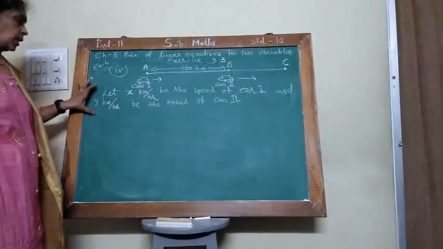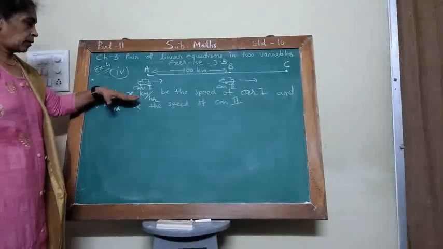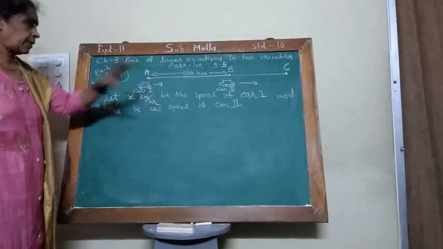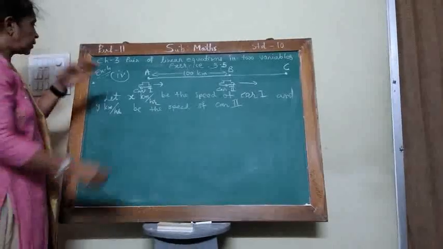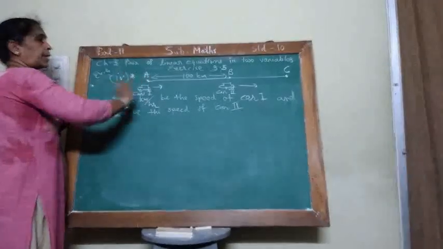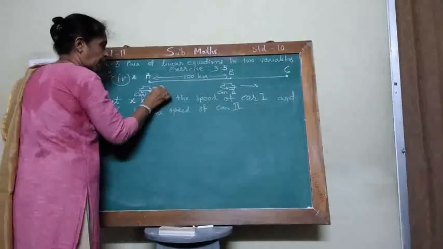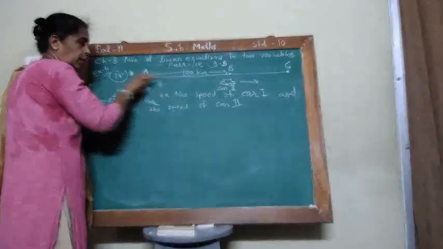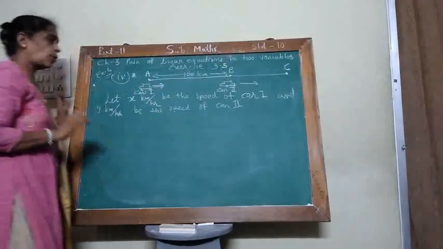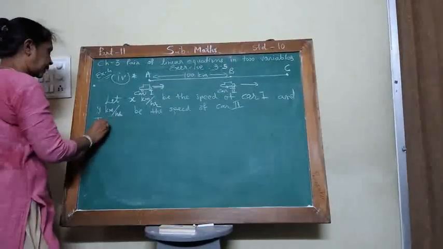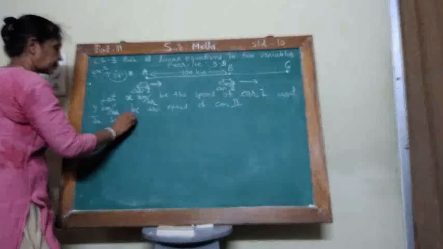Here, from the last statement, I take variables x and y. Now, this is the first case, same direction. Car 1 travels in this direction, car 2 as well. Both have the same direction, so I write: in same direction.